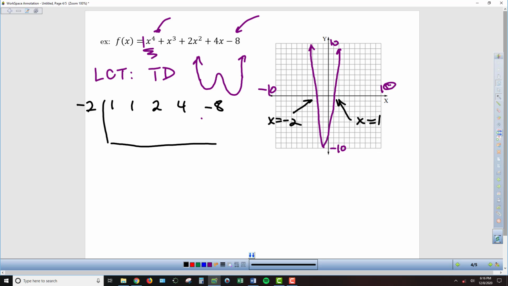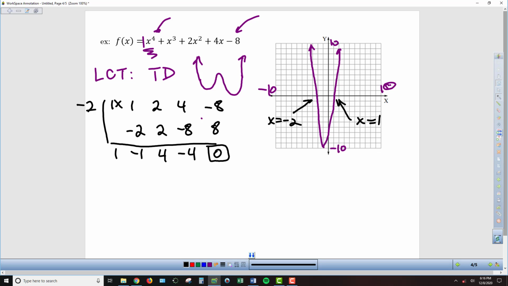And so we roll through our synthetic division, bring down the 1, times -2 is -2, add and we get -1, multiply -2 times -1, we get 2, add and we get 4, multiply by -2 and we get -8, add in the vertical direction to get -4, multiply -2 times -4 to get +8, and when we add those we indeed get 0, as we should.